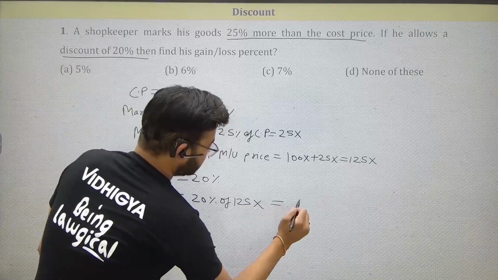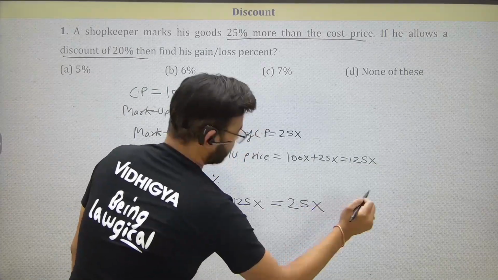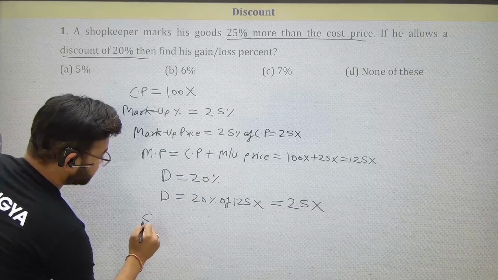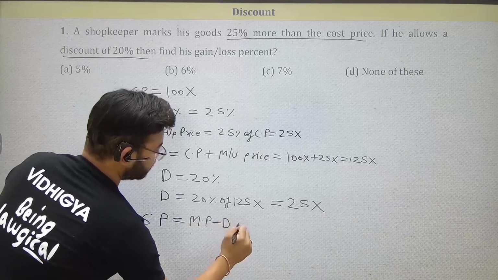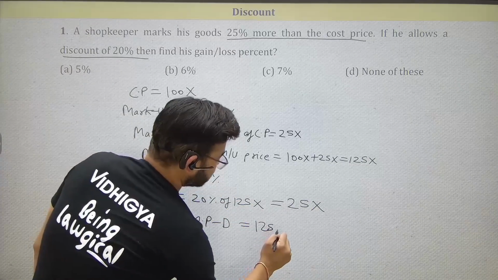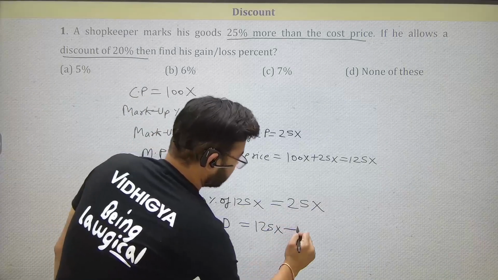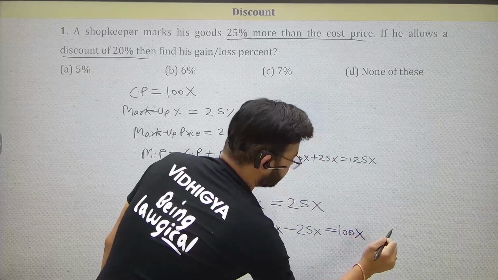So 20% of 125x will come out to be 25x. So that means selling price will be marked price minus the discount. So that is equal to marked price 125x minus the discount, that is 25x. So that will be equal to 100x.